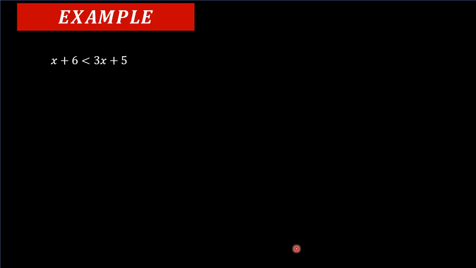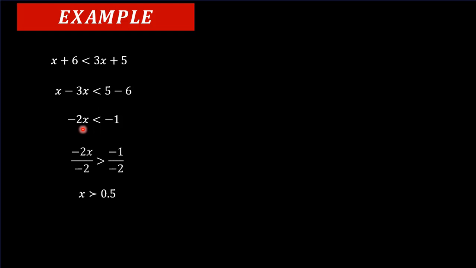By doing simple algebra, I have to bring this 3x towards the left and 6 towards the right so that I can have the like terms on the same side. So I get x minus 3x, which is lesser than 5 minus 6. Now x minus 3x, both like terms, will give us minus 2x, and on the right hand side we get minus 1. Now to get the value of x, I have to divide both sides with minus 2.